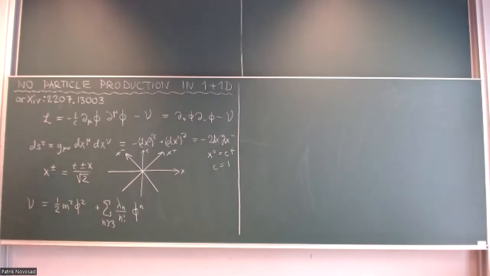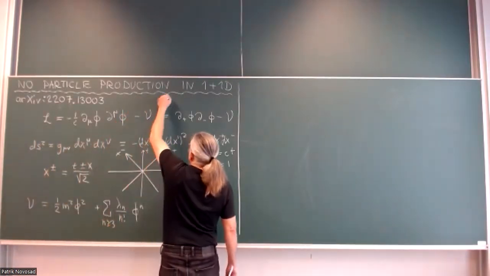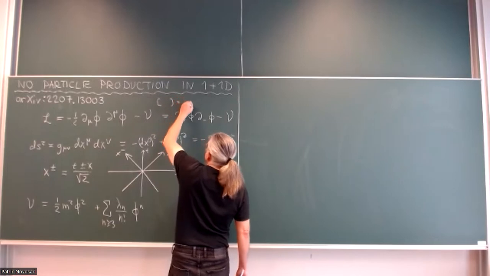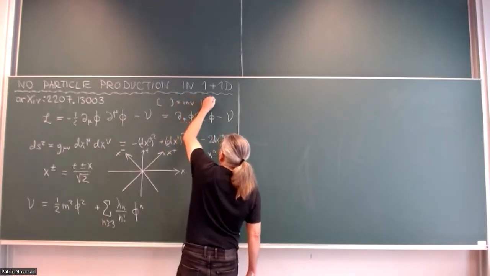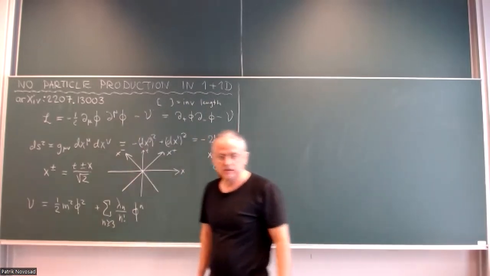Anyway, maybe before I go on, let's do a little bit of dimensional analysis of this situation. I should be honest and say that we call it m, but we have to be very careful with the dimension. Let's calculate what I would call inverse length dimension.